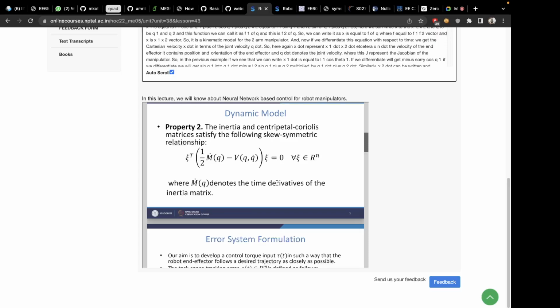By the way, this is true for any skew-symmetric matrix.